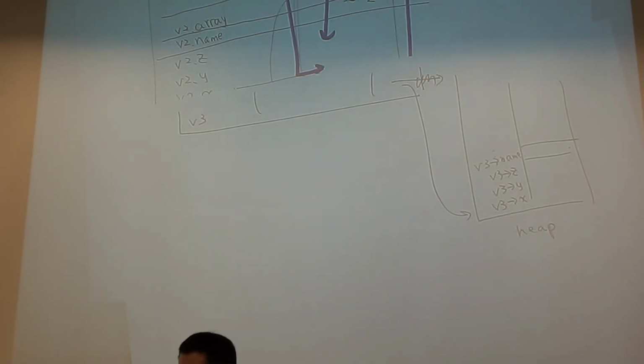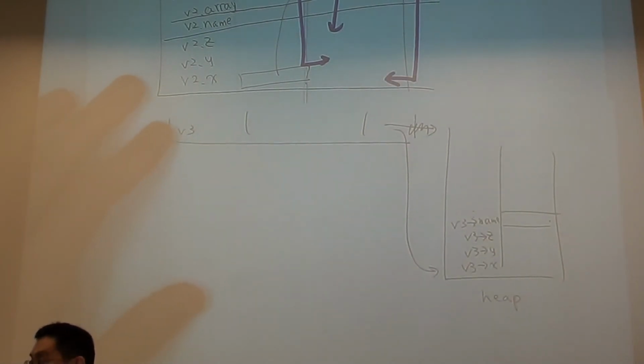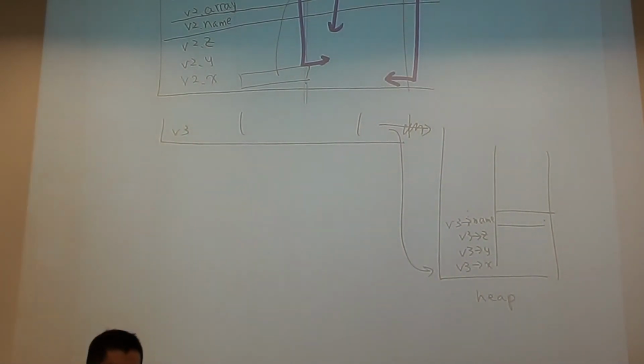Why can you not pass star V3? Because V3 points to heap memory. Yeah, but the values in the heap could be copied into vector V. But okay, so your question is, can I pass star V3? Is that your question? Yeah.